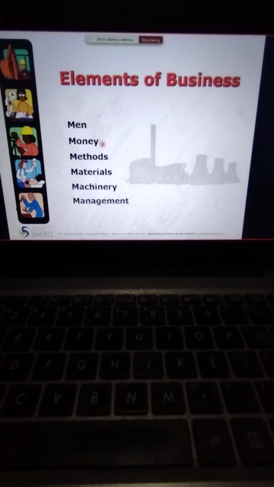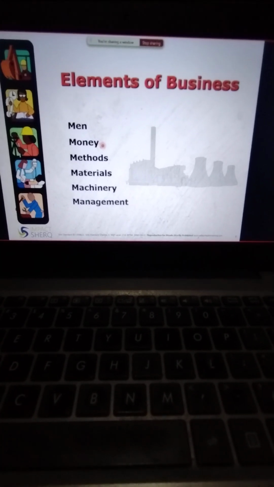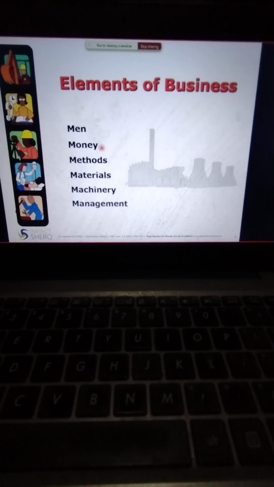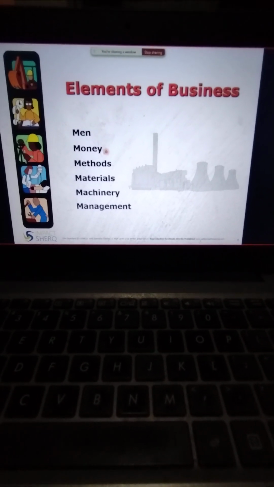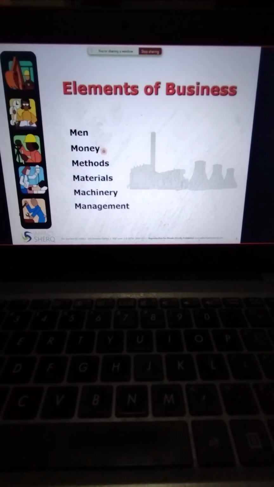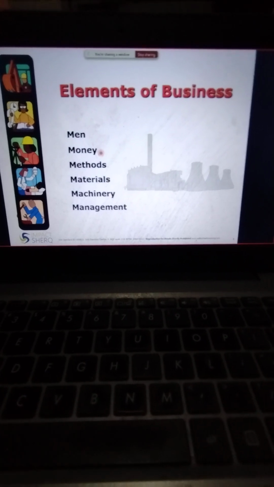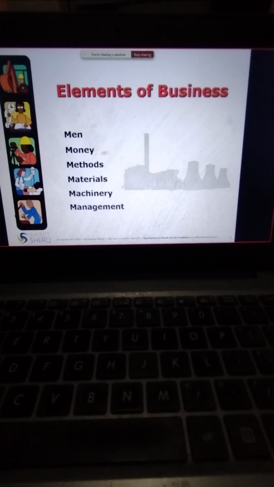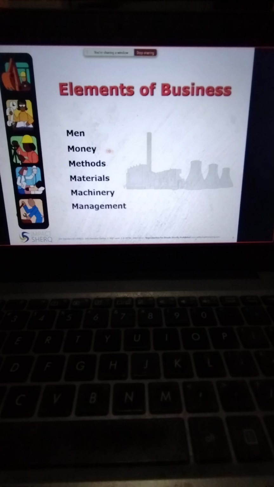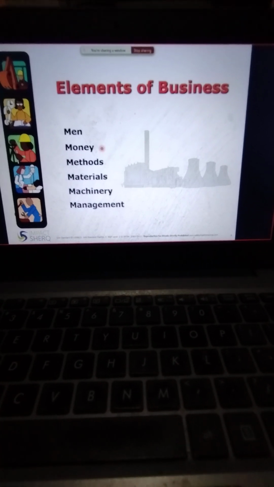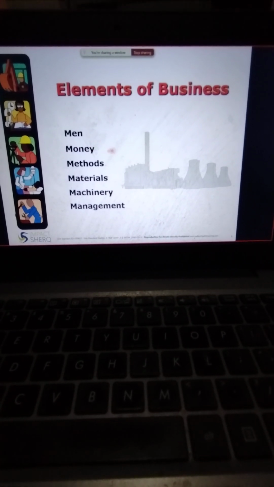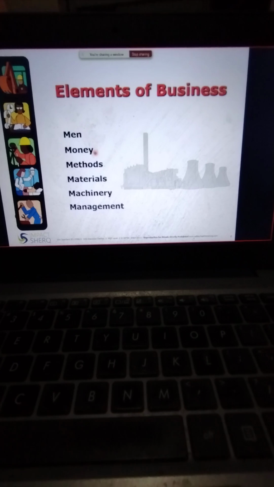Section 37 and Section 38 say that if health and safety is not implemented at the workplace, there are fines and penalties. These can be any amount up to 50,000 rands, or someone can go to jail for even a year. So when health and safety is not implemented in a business, money is lost.